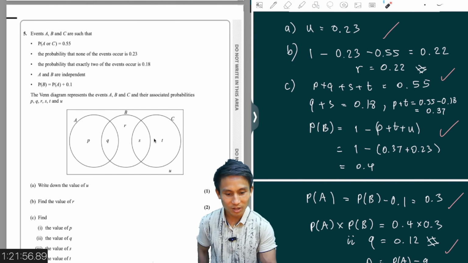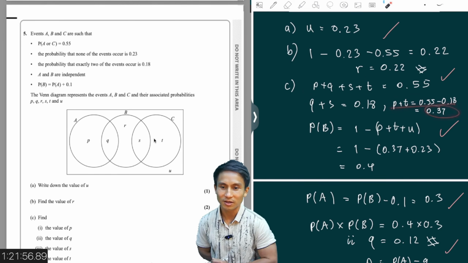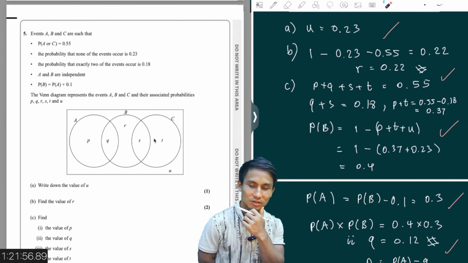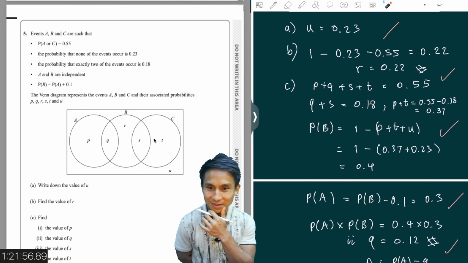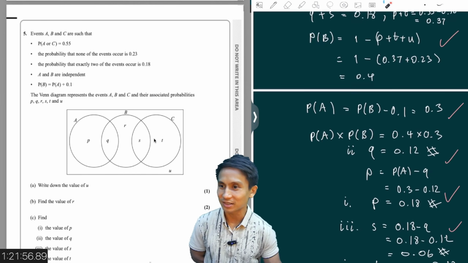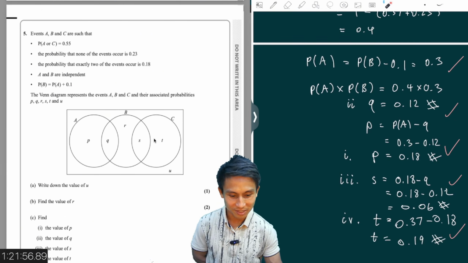But it would require that you find P plus T first, and P plus T is 0.37. That wasn't too obvious, actually. So I needed some time to just contemplate there. And that happens in the exam. When you take it, you might need some time.